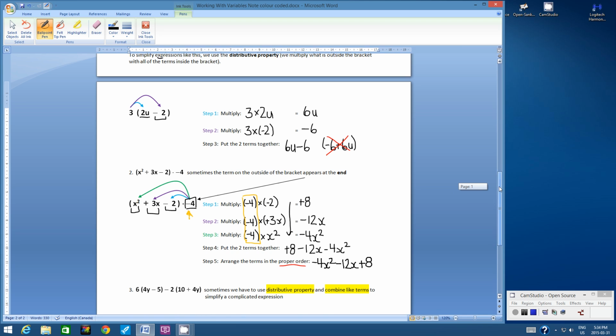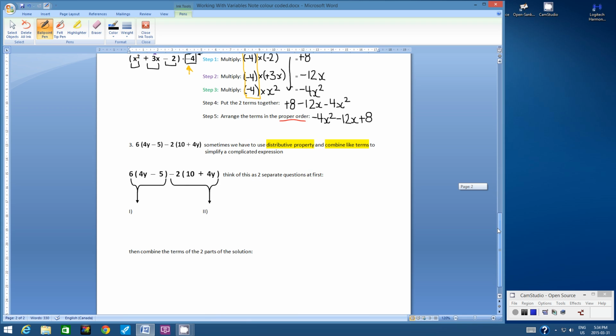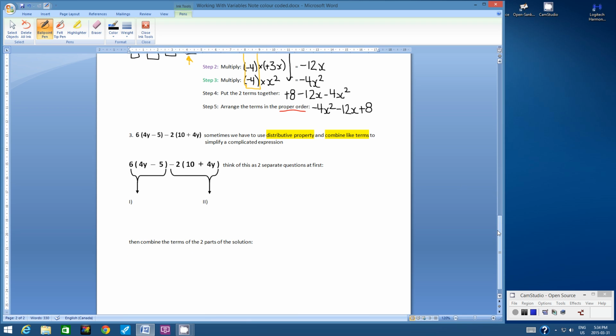Okay, so the examples are getting more and more complicated here. So let's go to number 3. Sometimes we have to use distributive property, which is this note, and combine like terms, which was the previous note, to simplify a complicated expression.